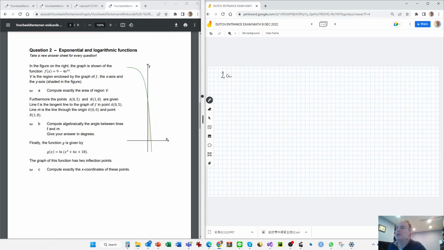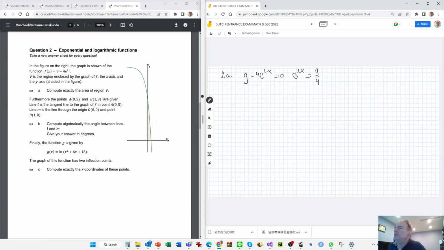We need to set 9 minus 4e to the power 2x equal to 0, which means e to the power 2x has to be equal to 9 over 4.